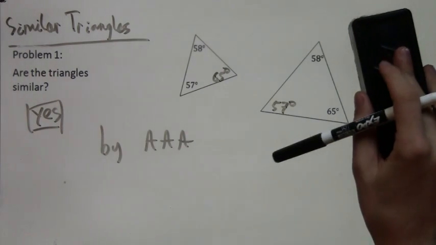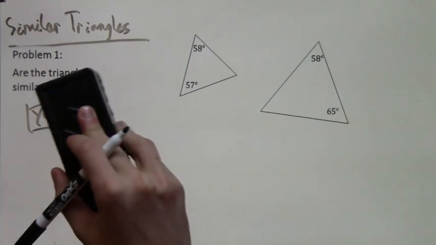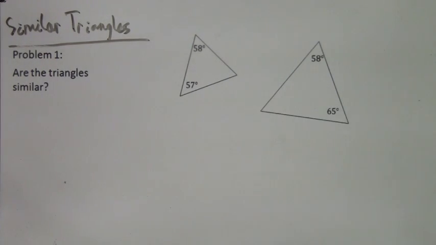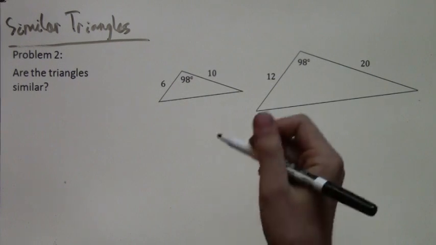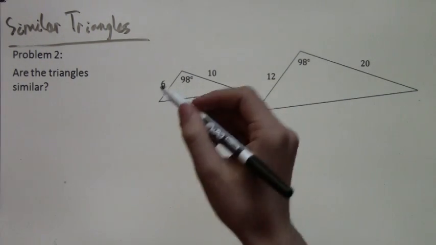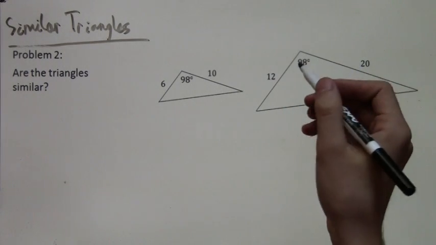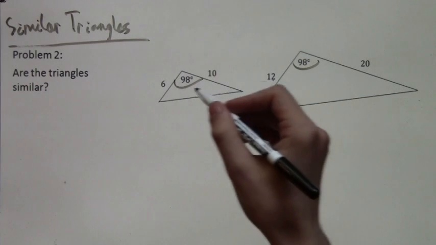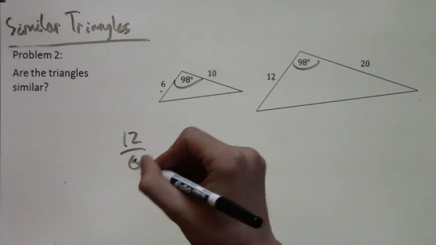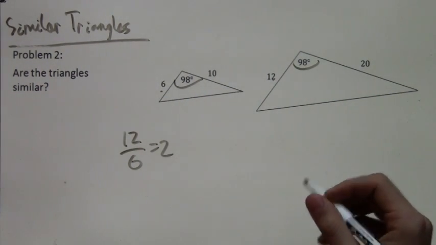All right, let's move on to another example. Are the triangles similar? We have an angle measure, and both the angles match up, which is good. Then we have 12 corresponding to 6, so 12 over 6 is 2.